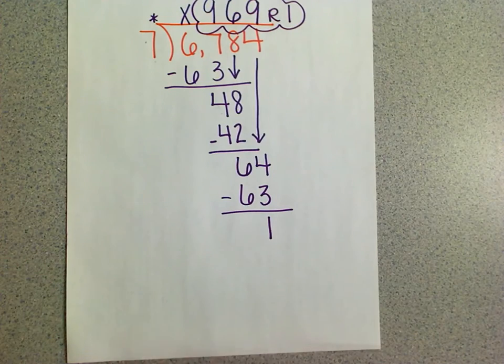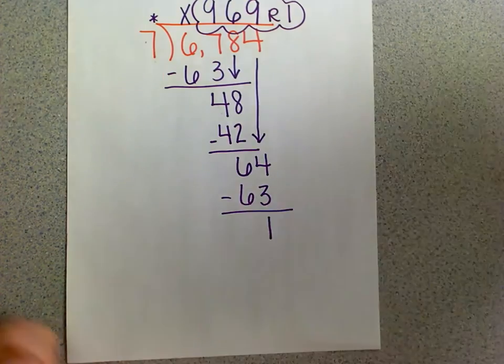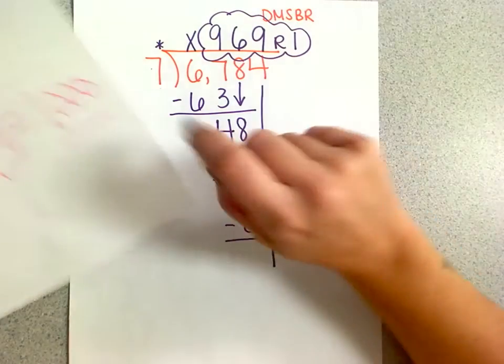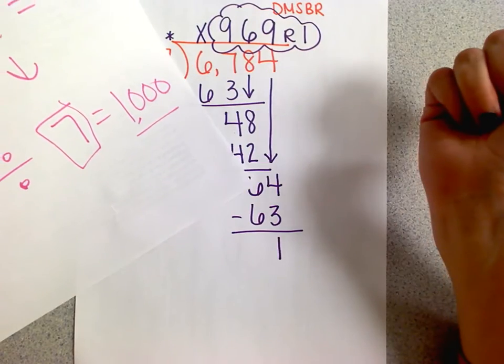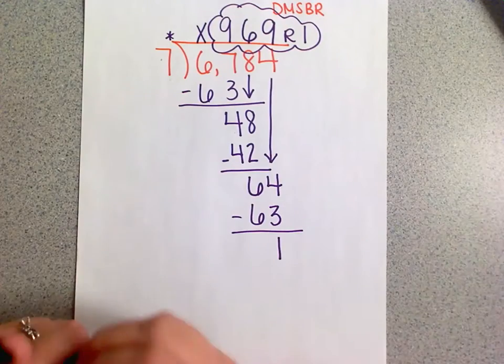Quotient is 969, remainder of 1. Is 969 close to 1,000? Absolutely, yes it is. So that's a good estimate.